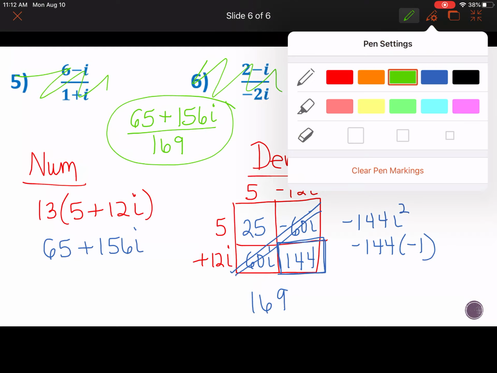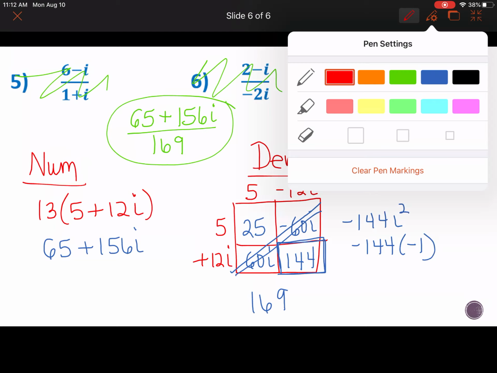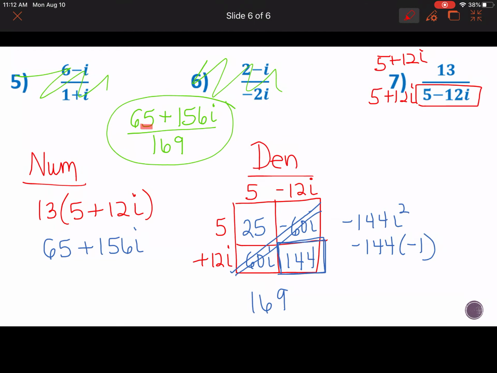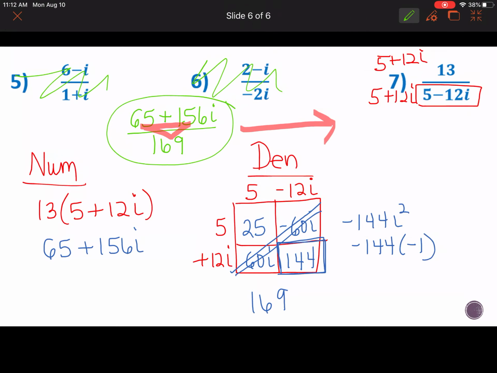This is the first time where we could actually reduce. When we look at these 3 numbers, the 65, the 156, and the 169, they can actually be divided by 13. So the best answer is if you divide all 3 of those numbers by 13. Because if they have a common factor, you are expected to remove it.